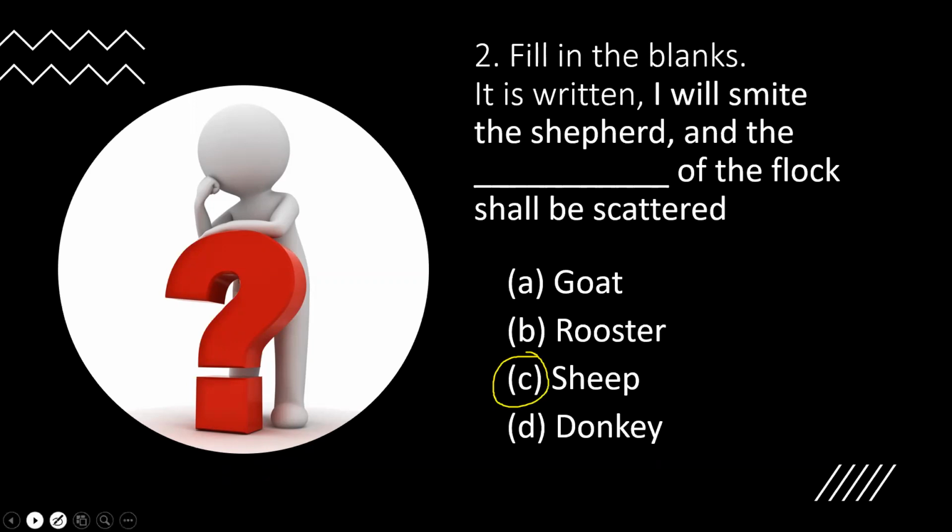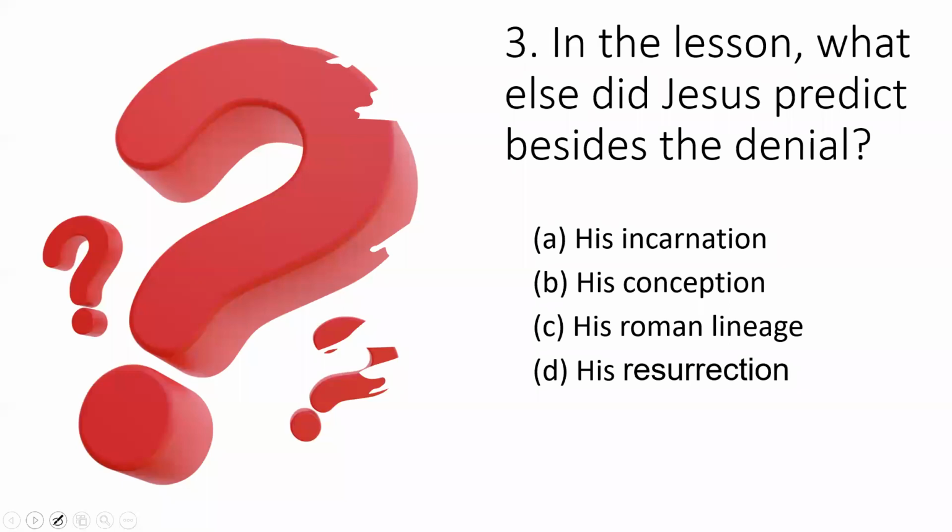All right, next question. Number 3. In this lesson, what else did Jesus predict besides the denial? Is it A, his incarnation, B, his conception, C, his Roman lineage, or D, his resurrection?